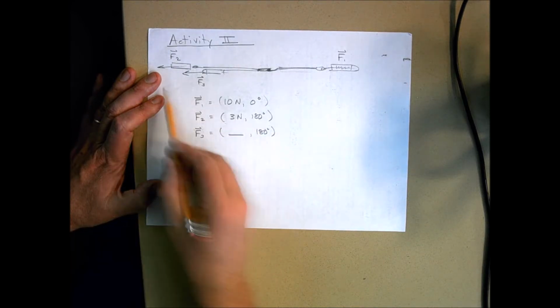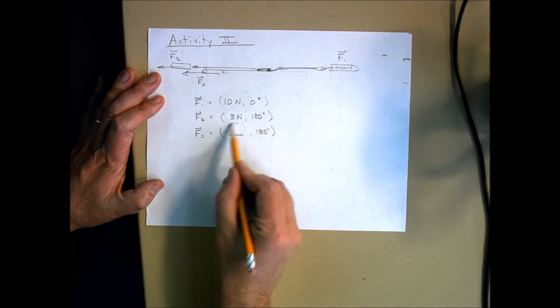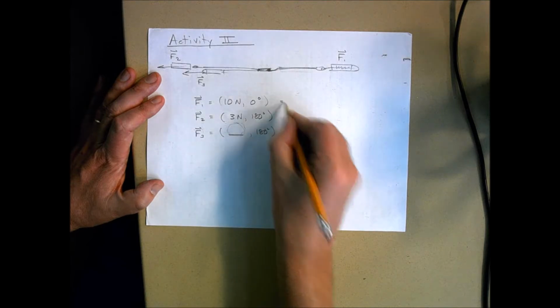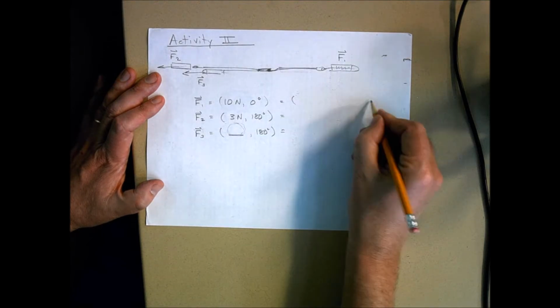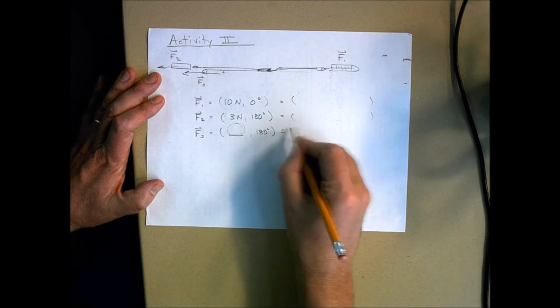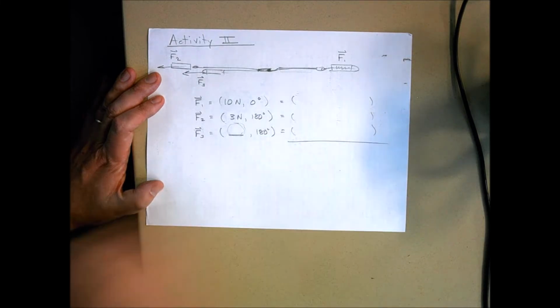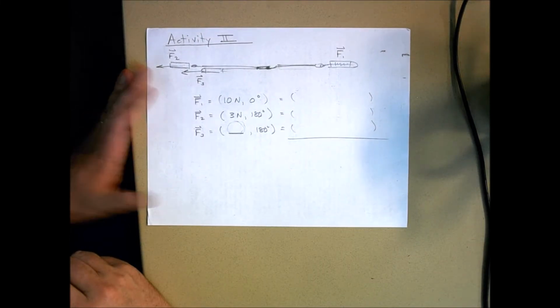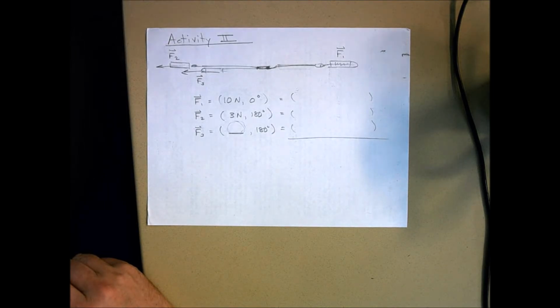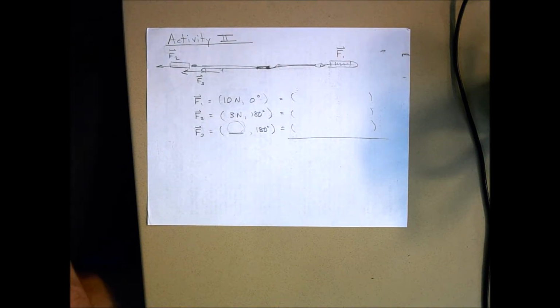So I want you to set this up, measure this, then put them in rectangular coordinates over here, add them together, and let's see what you get. Does that make sense to everybody? What I want you to do.